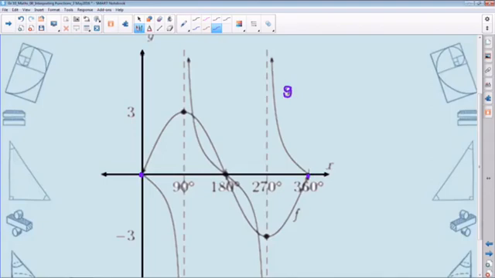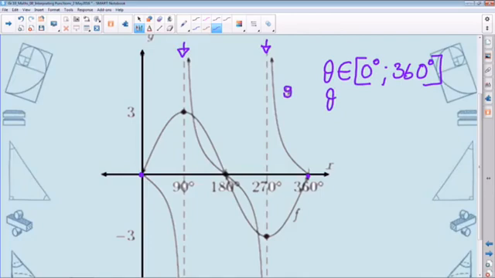So that means our domain is between 0 and 360, but there's a trick here, because there are places that g does not go to. There's a place, and there's a place. So we have to state that theta cannot be 90 degrees, and it cannot be 270 degrees.